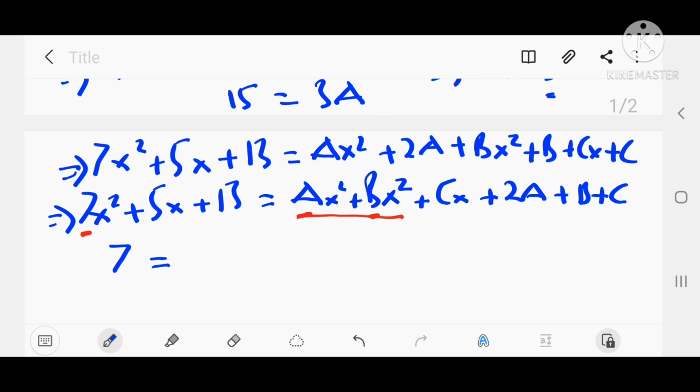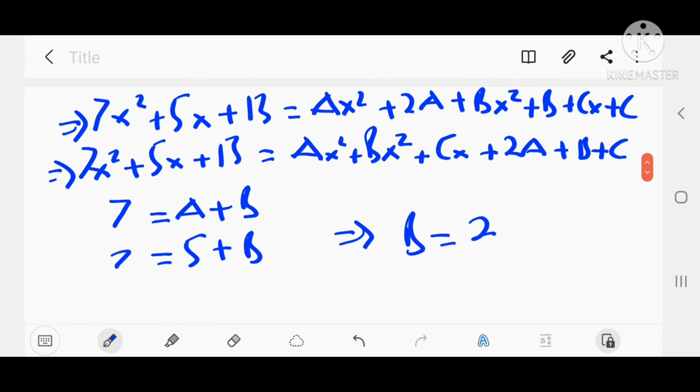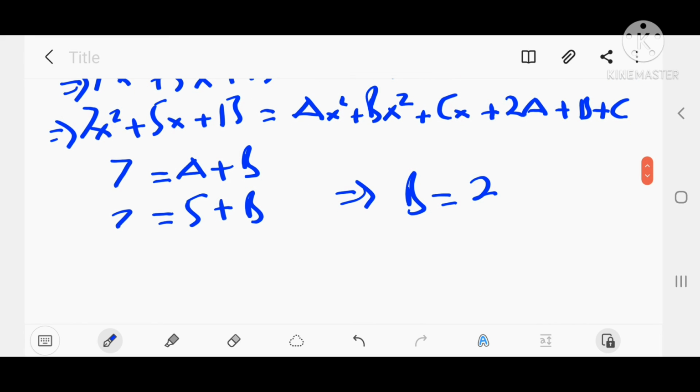So we have a plus b. But remember that our a is 5. So 7 equals 5 plus b, which means that b equals 2.